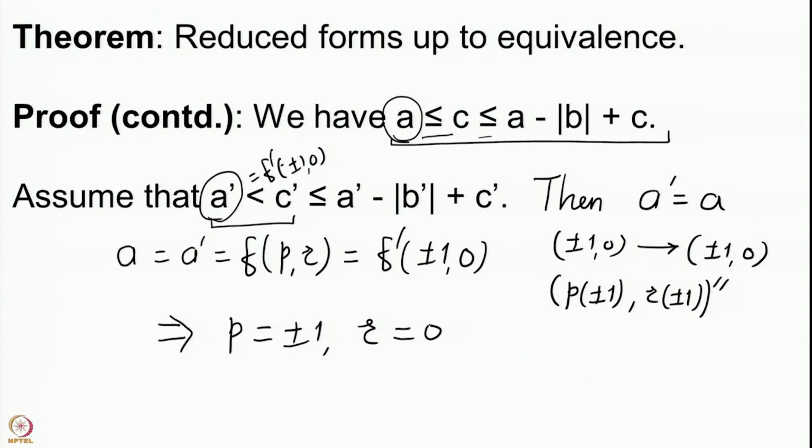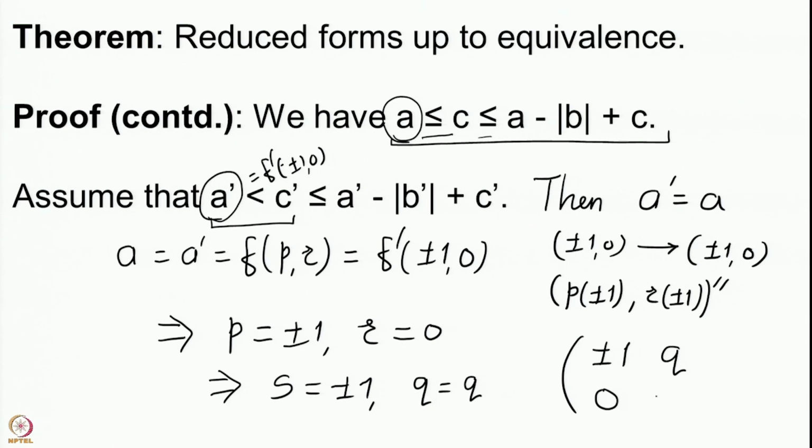But we also have that the determinant of p, q, r, s has to be 1. So, if p is plus minus 1, then s has to be plus minus 1. And let us say that at the moment q is equal to q. So, we have that our matrix looks like plus minus 1, q, 0, plus minus 1.